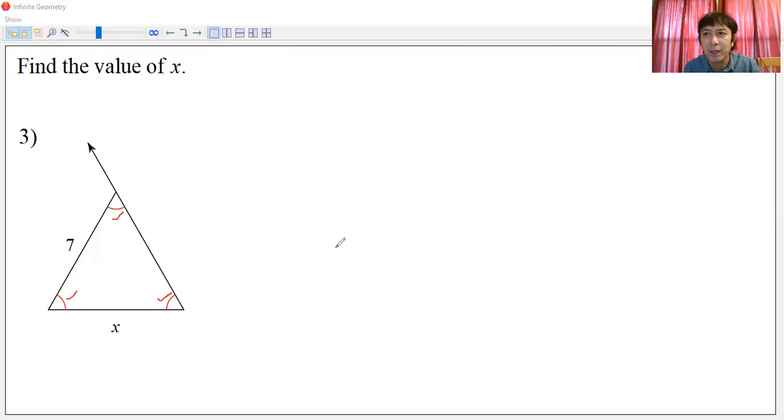Now, when these angles are congruent, then all the sides are also congruent. And this is supposed to be equiangular. For equiangular triangles, it is also equilateral. And so the value of that unknown side x is also 7.